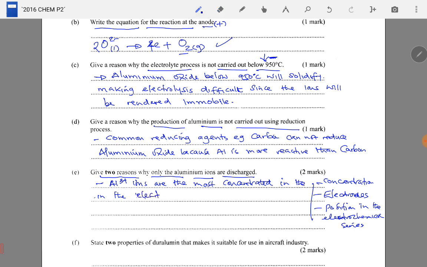The other factor is aluminium is lower than sodium in the electrochemical series.